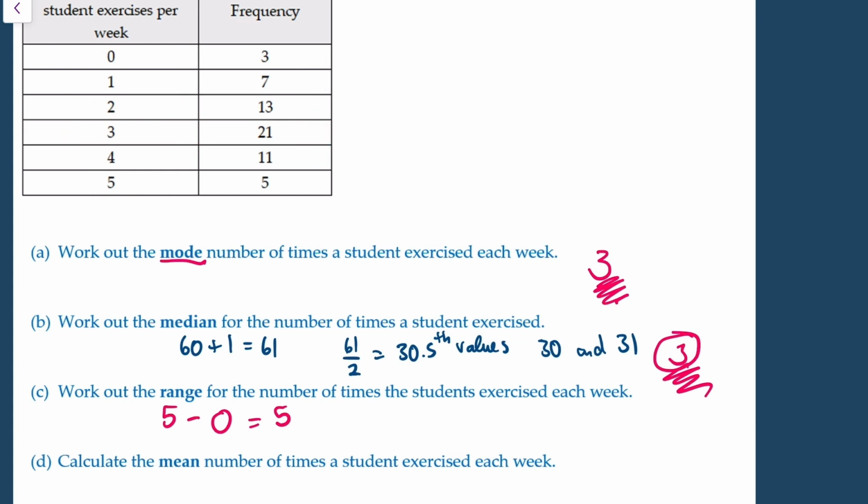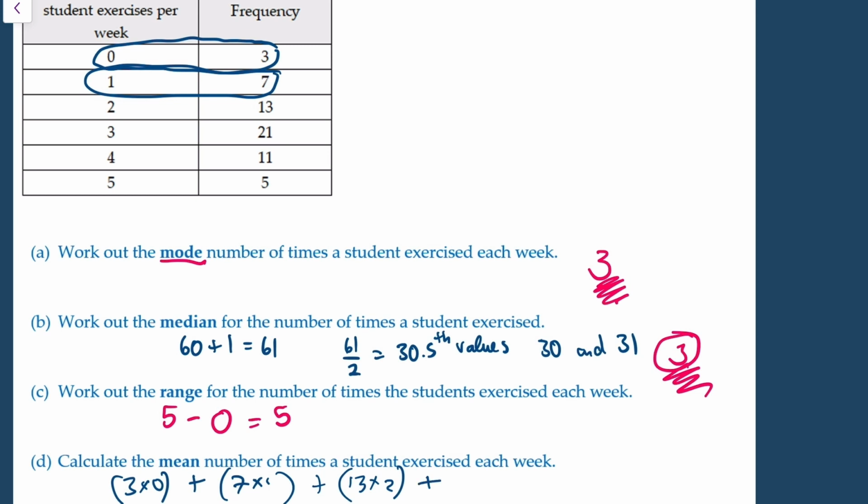The mean is 3 times 0, plus 7 times 1, plus 13 times 2, I just work my way through the table, plus 21 times 3, plus 11 times 4, plus 5 people exercised 5 times.